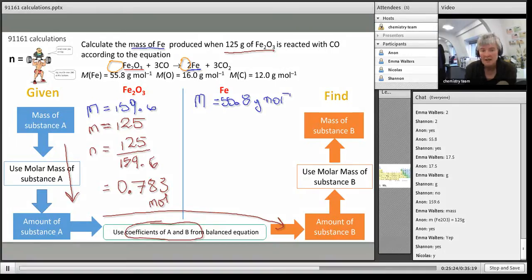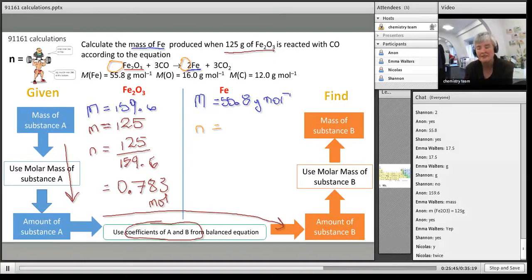So is my amount of iron twice 0.783 or half? Because this is always a tricky bit when students don't know. It's twice. Okay, so if I'm always starting with the 1 and there's a 2 or 3 or whatever in front of the other one, it's always going to be double to find out the one I want to know.